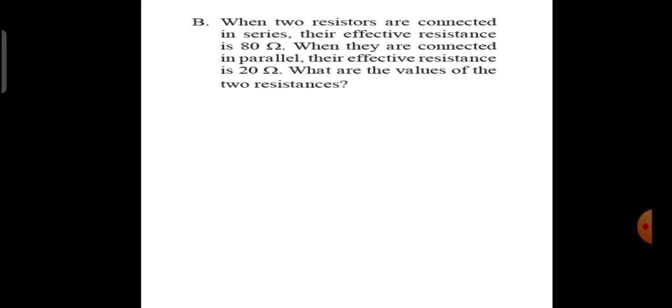When two resistors are connected in series, their effective resistance is 80 ohm. When they are connected in parallel, their effective resistance is 20 ohm. What are the values of the two resistances?